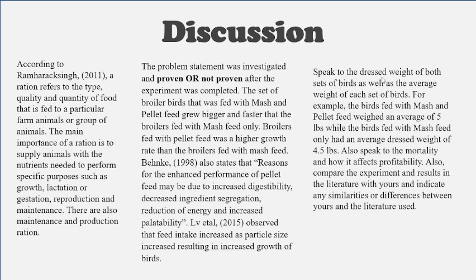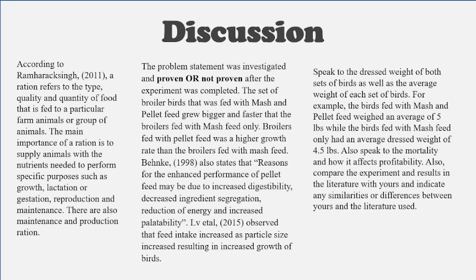Also speak to the dressed weight of both sets of birds, as well as the average weight of each set of birds. For example, the birds fed with mash and pellet feed weighed an average of 5 pounds, while birds fed with mash feed only had an average dressed weight of 4.5 pounds. Also, speak to the mortality rate and how it affects the amount of money that you would have gotten, your profitability.